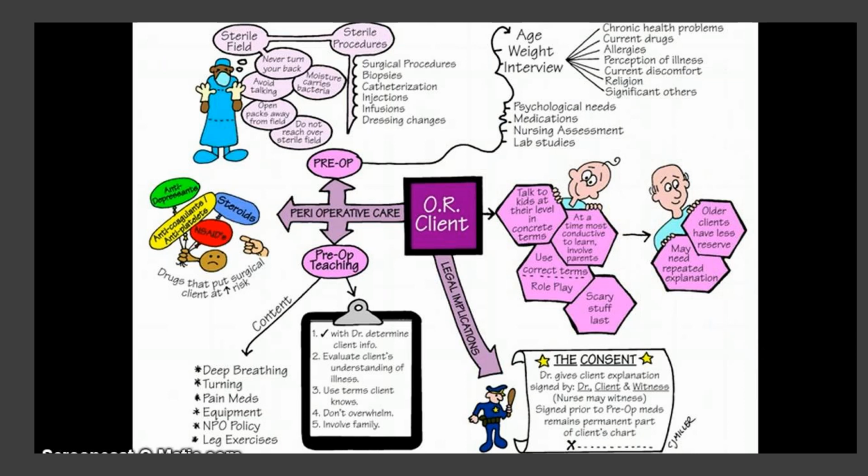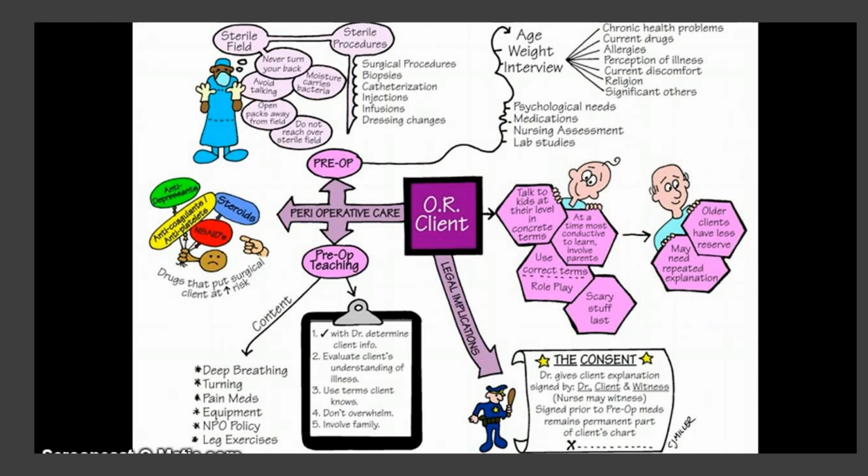So some assessments. Preoperative assessment is going to be big. Now, usually you have three major systems that are affected with surgery. It's usually people coming in for surgery with a cardiac, respiratory, or a GI problem. Now, we talked about respiratory.